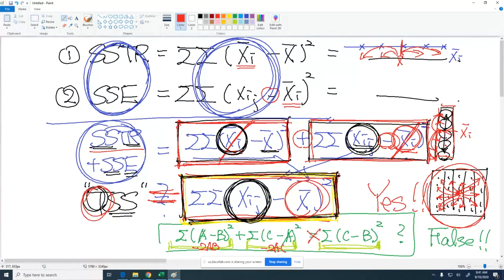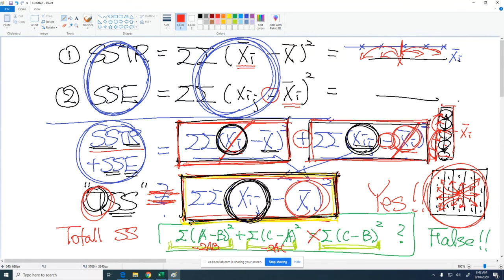What do you expect? What does T stand for? Total. The total sum of square. Okay? So it is very funny. Basically, mathematically, it is not true, but you can try.